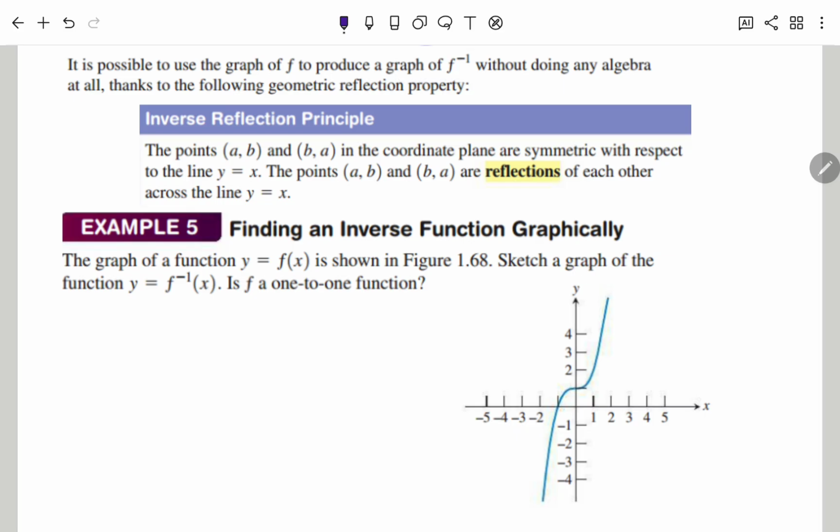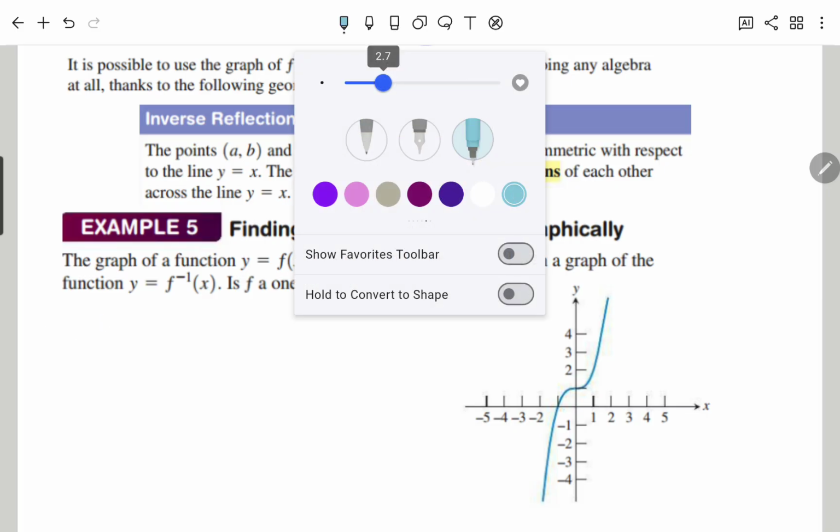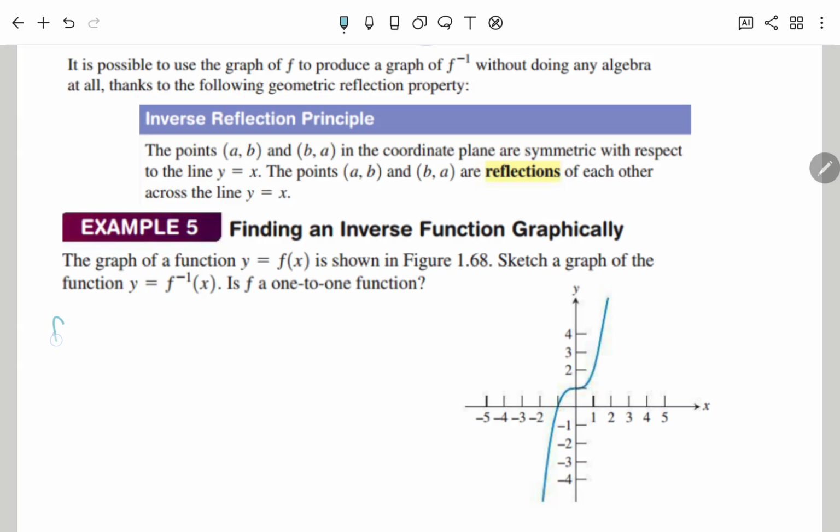Is f of x a one-to-one function? Right away, looking at this function, I'm going to write it in blue because that's the color of the graph. Is f of x a function? Yes, because it passes the vertical line test.